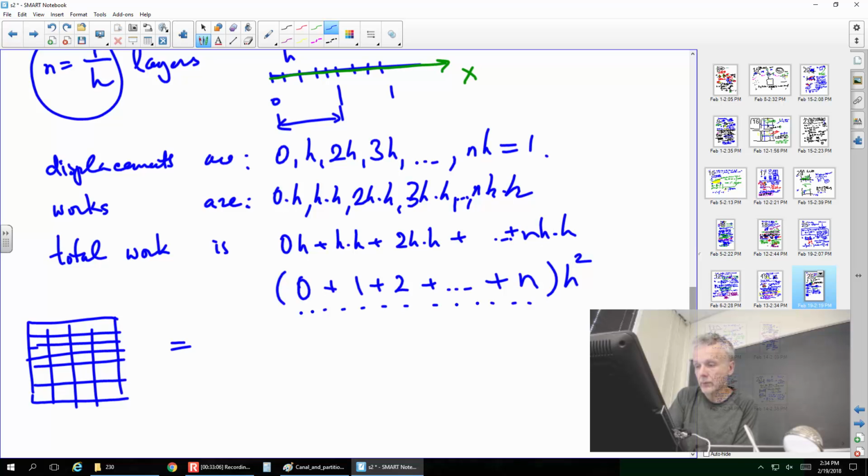Well, let's divide more. So we're adding 0 plus 1 plus 2 plus 3 plus 4 plus 5 plus 6 plus 7.